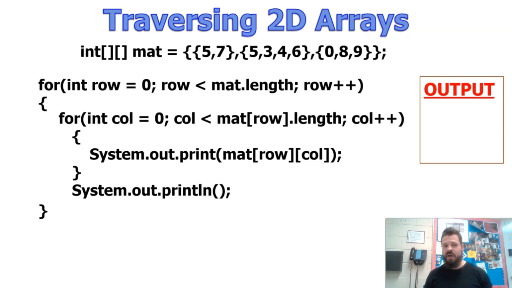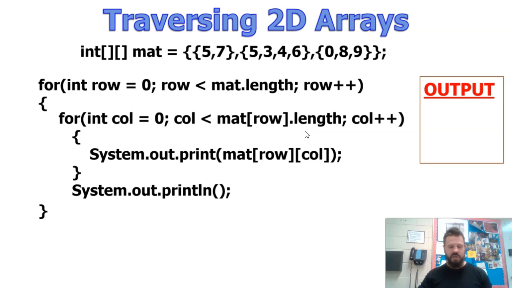And the trick for that, what we'll do is we'll say for each int col, as in column, starting at 0. Okay, so starting at the 0th element for each of those rows. Running while column is less than mat at the particular row we're in dot length. Now, if I have a jagged array, this is important.